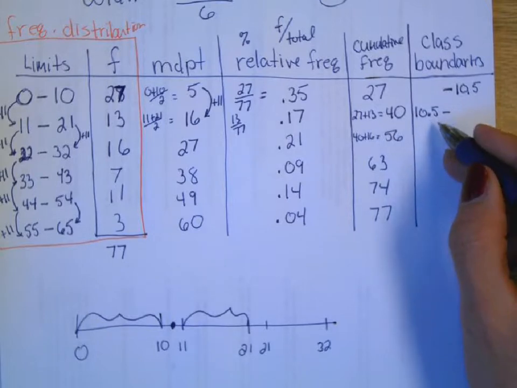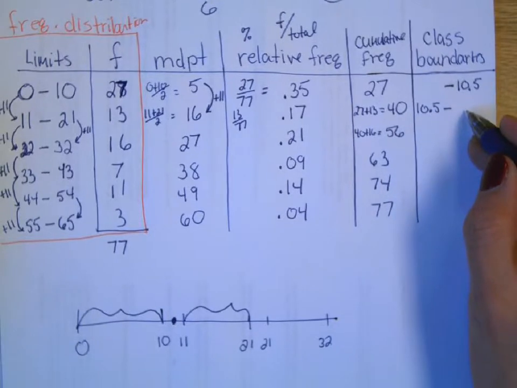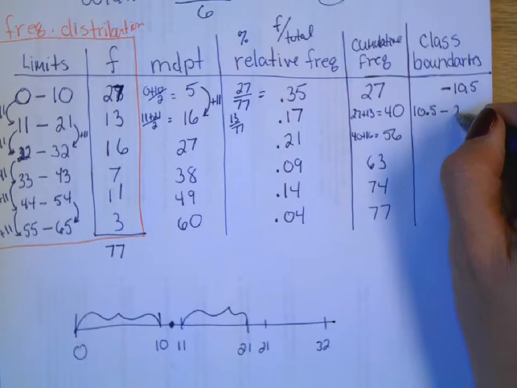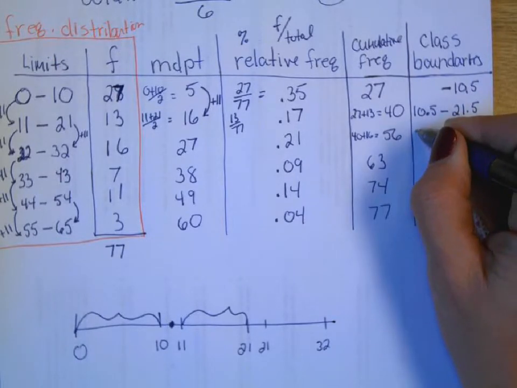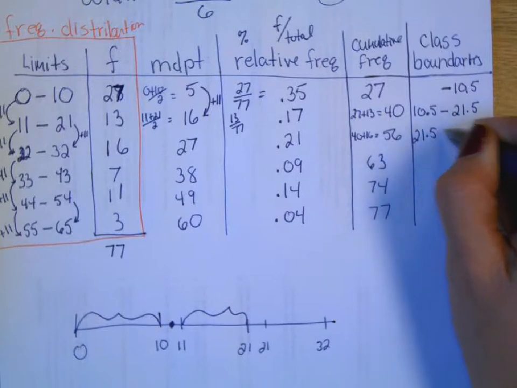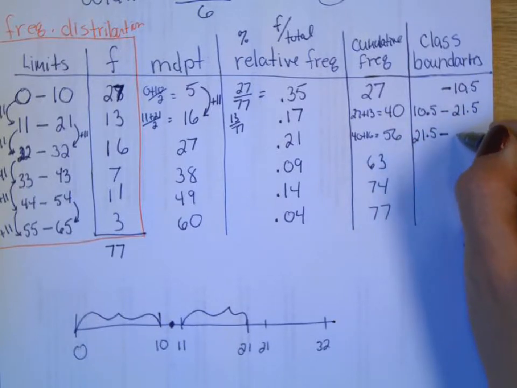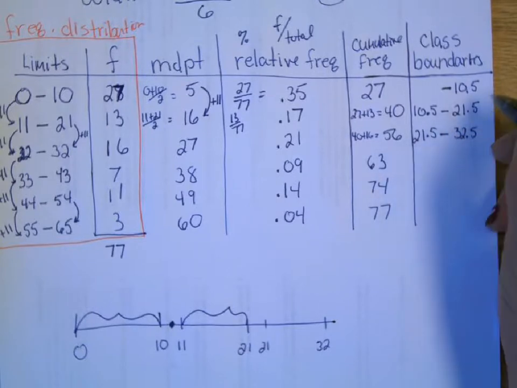Where's it going to end at? 21.5. So that means the next one's going to start at 21.5. Where's that third one going to end at? 32.5. See what's happening? We're closing the gap.